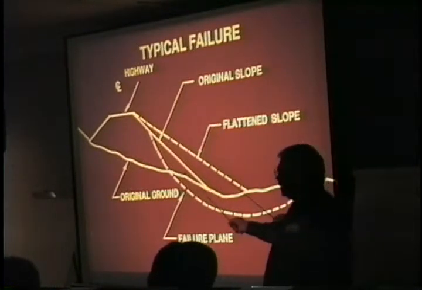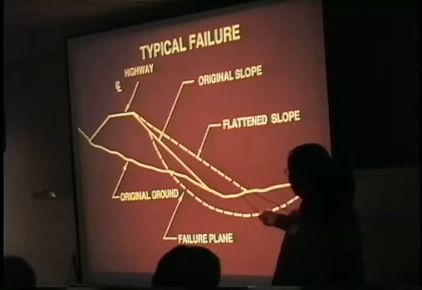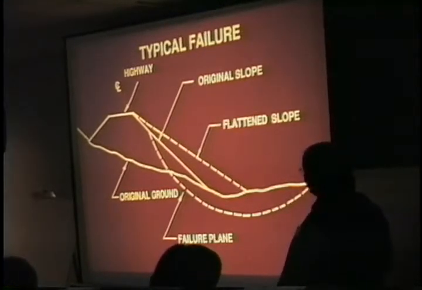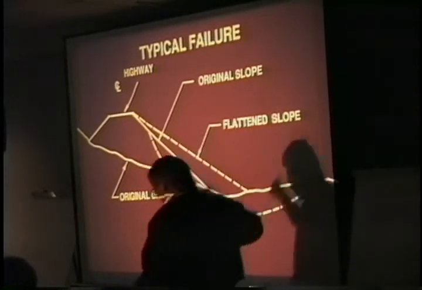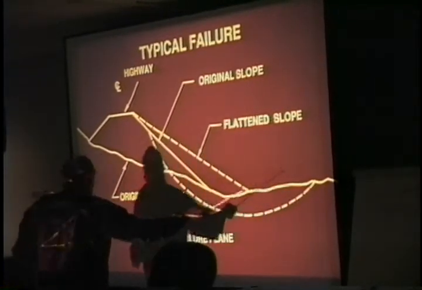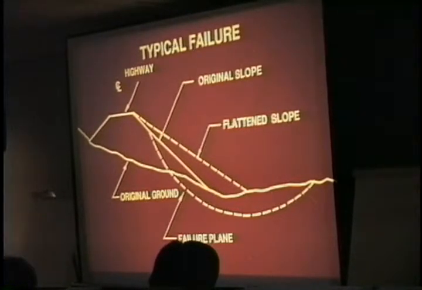What you're going to find later on is that we need to find out where this failure plane is, and then maybe add some weight down here. What we want to do is hold this slide from pushing out. We want to add resisting forces in this area. So this would not be a good solution for this problem, and it would actually aggravate the problem and cause a failure much sooner.